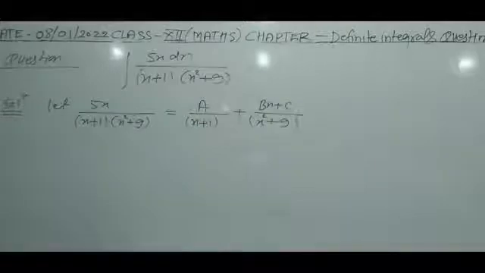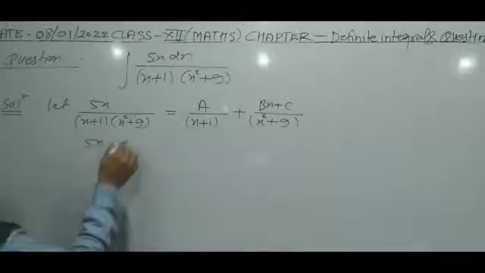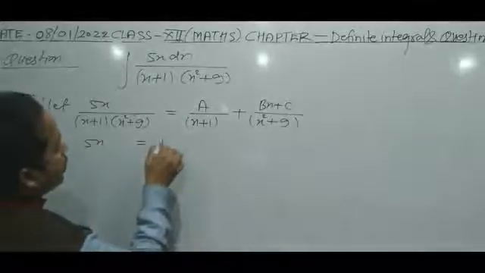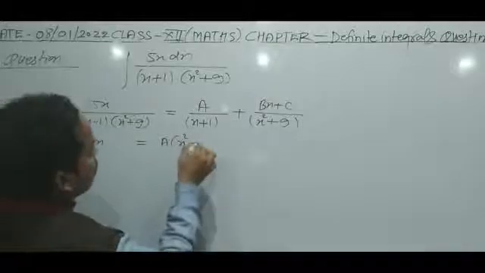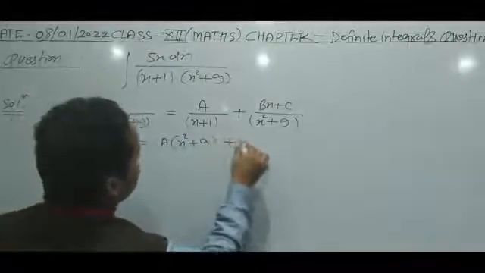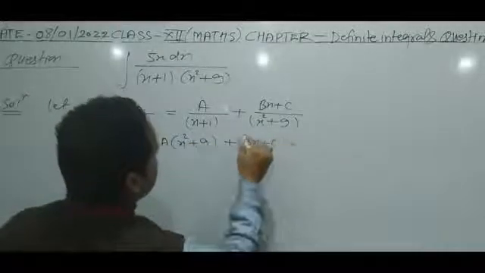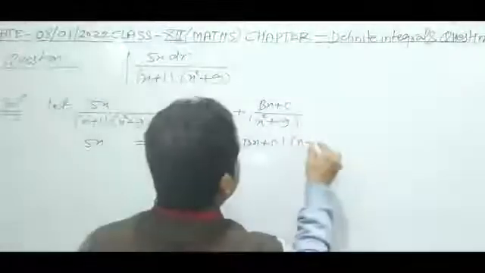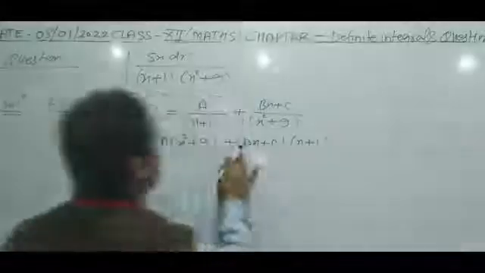So this is the term I have split. Now when we simplify the numerator for the calculation of a, b and c, we can write the result as a(x square plus 9) plus (bx plus c) with (x plus 1).